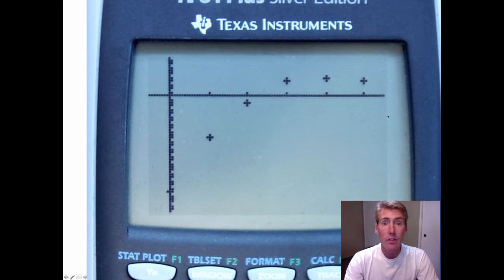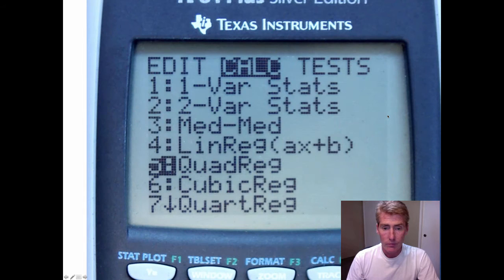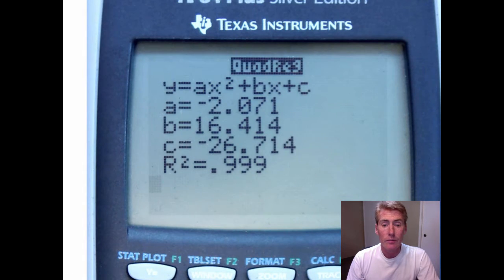So that is the parabola shape. So you just go to second calculate, the quadratic regression. And if you weren't sure, you could just go down the line, try linear regression, try quadratic, try cubic, etc., and see whichever gives you the best R value. This one, I'm pretty sure it's quadratic, so I'm going to go to that, quadratic regression.